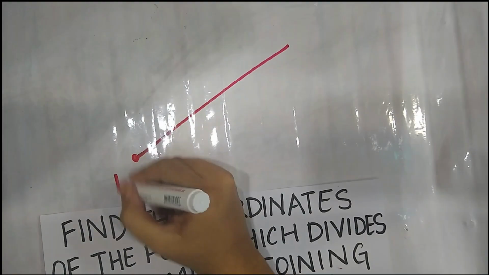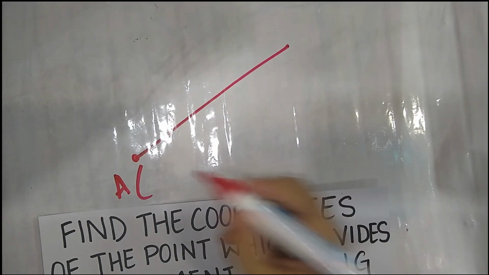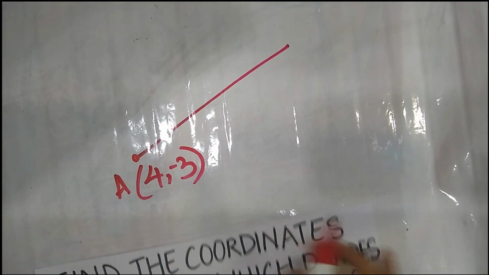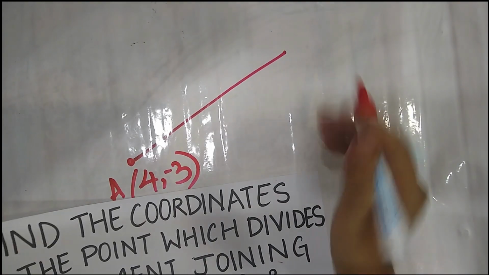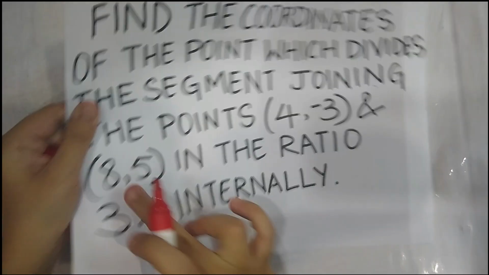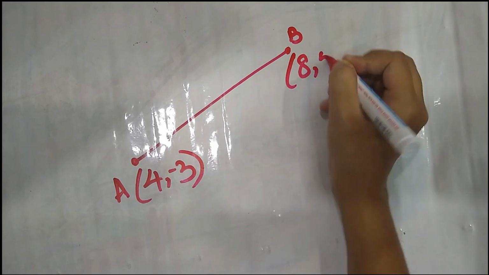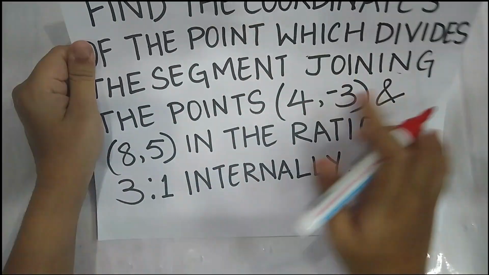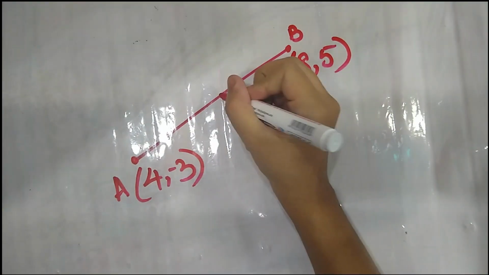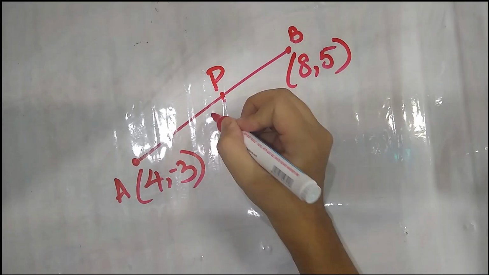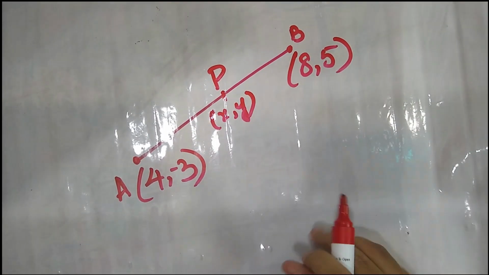So this point is A. For example, (4, -3) is the coordinate for point A, and for B the coordinate is (8, 5). So what are they saying? Find the coordinate of the point which divides this segment. So there is some point here, P. We have to find its coordinates.